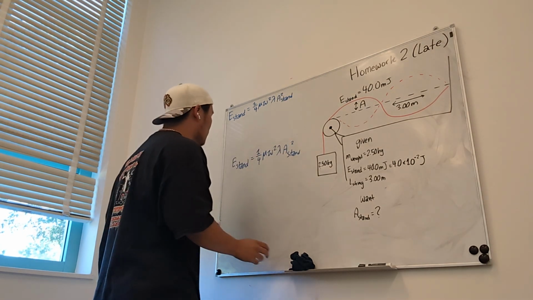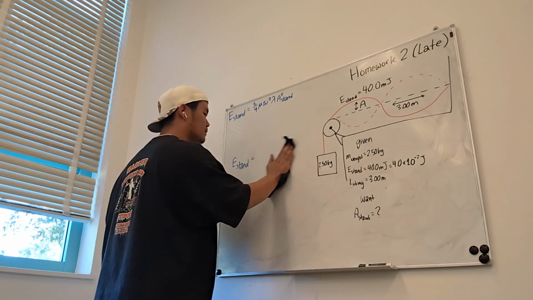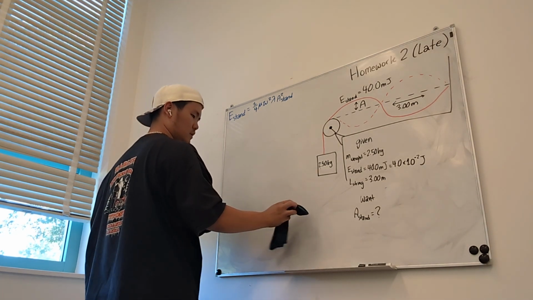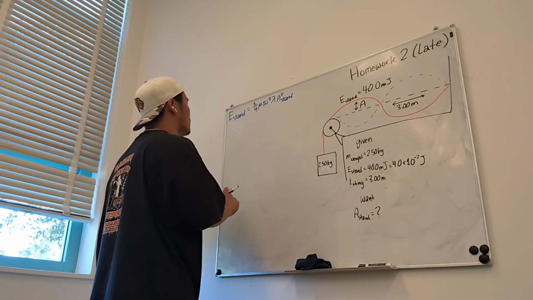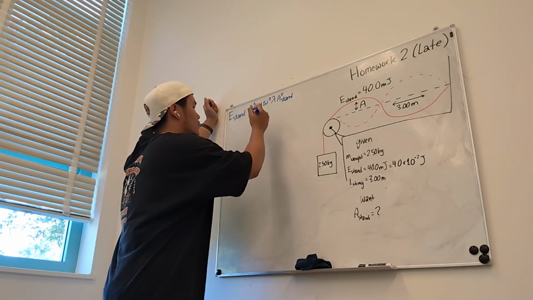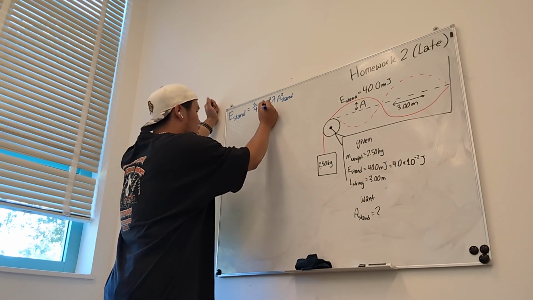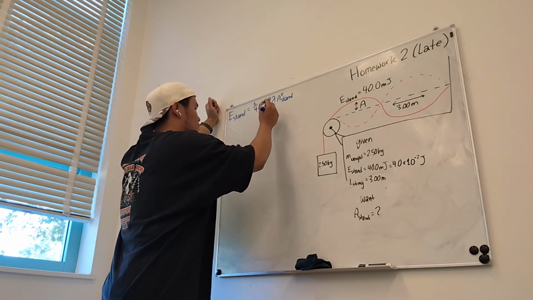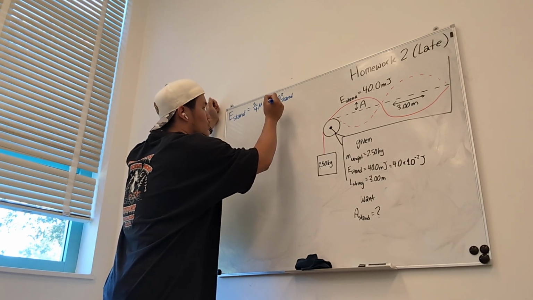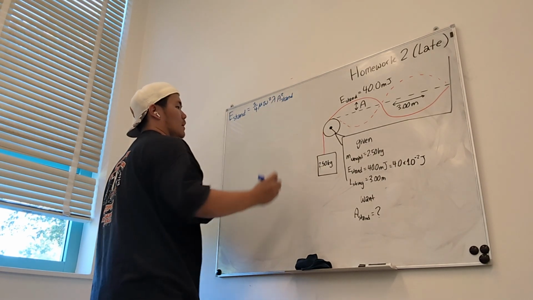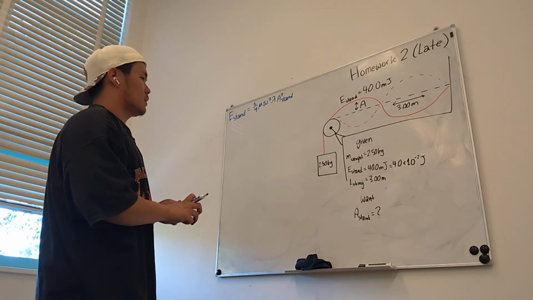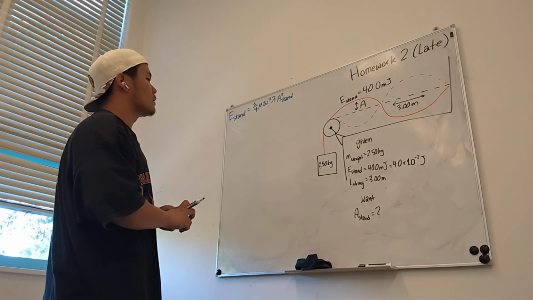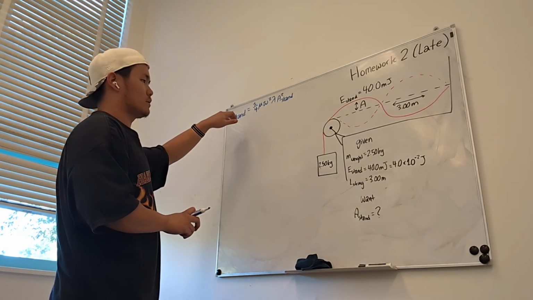Okay, well let's take stock of what we have now that we have our standing wave equation. So we know that this is just 1/4. Don't know what mu is. Don't know what omega is. We don't know what lambda is. We don't know what amplitude is either. All we know is the energy is 40 millijoules.